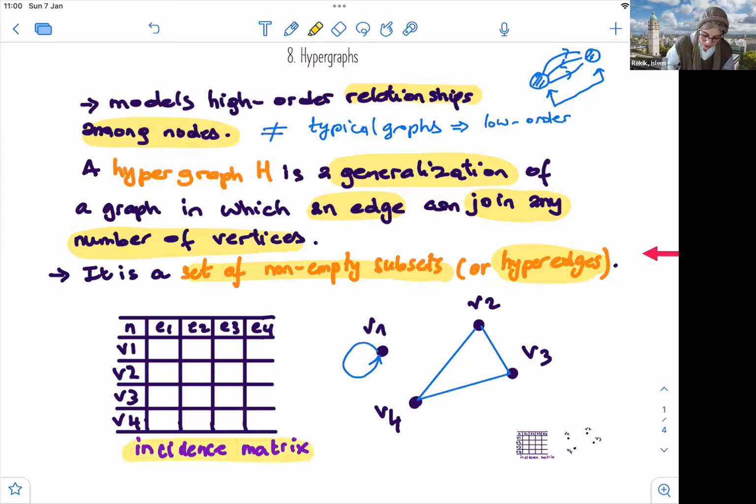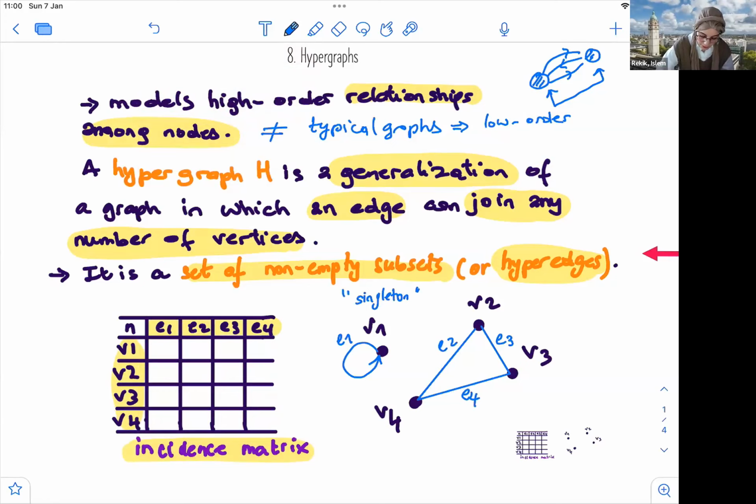So in an incidence matrix, the rows represent the nodes and the columns represent the edges. So here we have, let's call this E1, E2, E3, and E4. So we have 4 edges. For the self-connected node right here, it's a singleton, an isolated node.